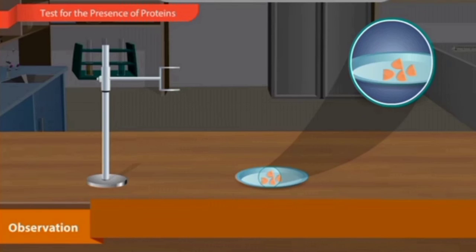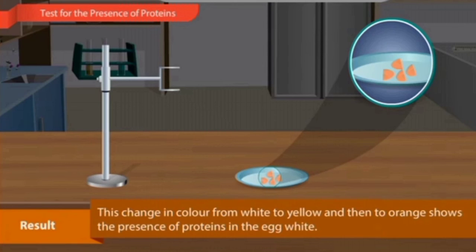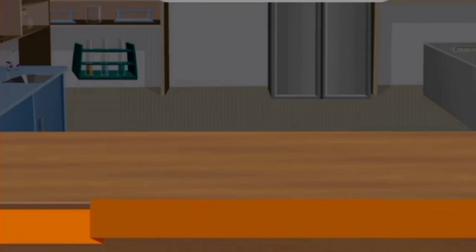You can see the egg white changes to yellow on addition of nitric acid, and to orange on adding ammonium hydroxide. If you add copper sulfate or sodium hydroxide, it will change to purple or violet. So the change in color from white to yellow, and then orange, shows the presence of protein in the egg white. Here you are confirmed that protein is present.